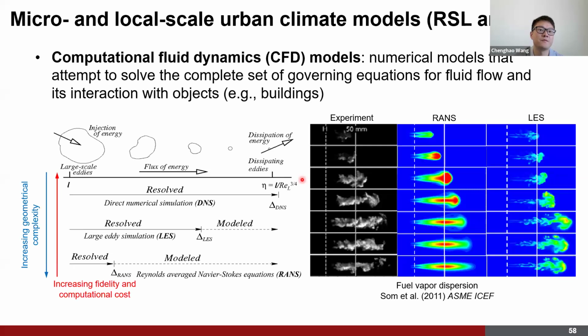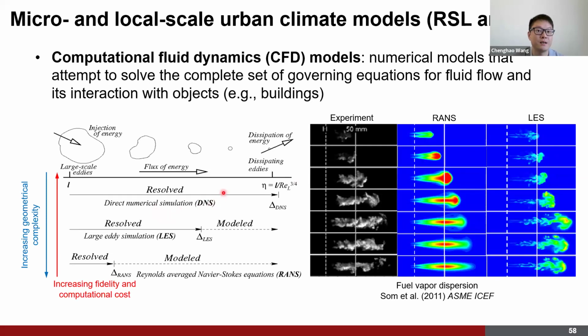So for models focusing on airflow and turbulence, we use the so-called computational fluid dynamics model or CFD models. Depending on how detailed a model can solve for all governing equations, we have the Reynolds averaged Navier-Stokes equation model, LES, which is large eddy simulation, or DNS, which is direct numerical simulation.